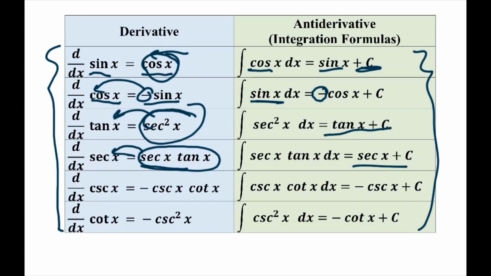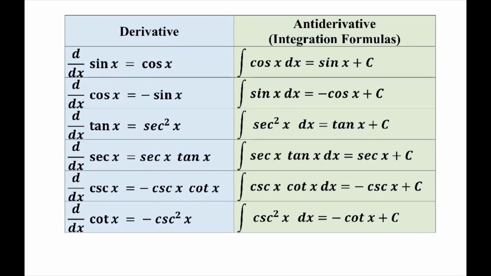The integration of cosecant cotangent will be negative cosecant x. Finally, the integration of cosecant squared will be negative cotangent plus constant.